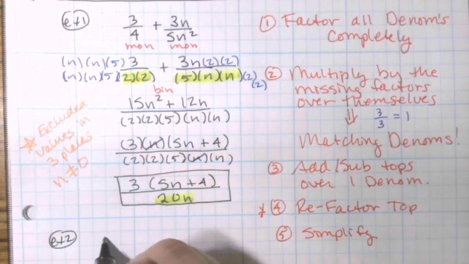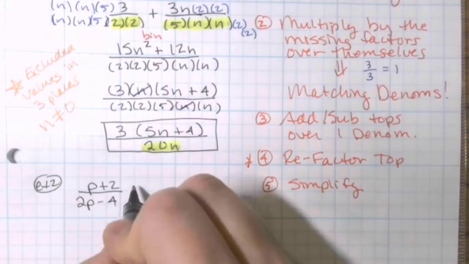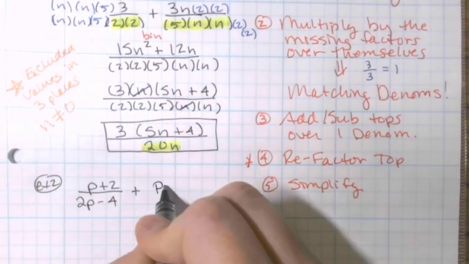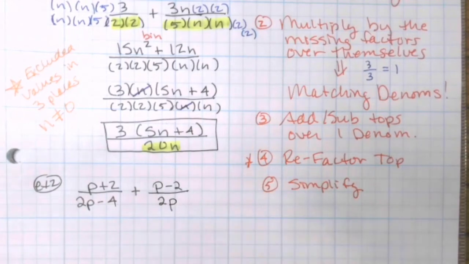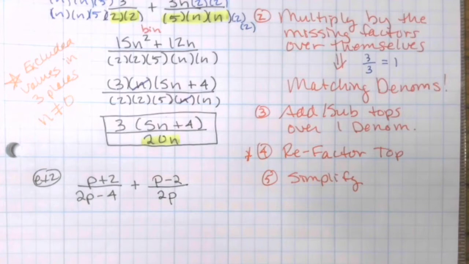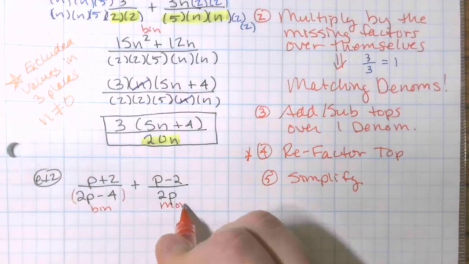We're going to do p plus 2 over 2p minus 4 plus p minus 2 over 2p. So first thing we're going to do is factor the denominators completely. Again, this is a binomial. This is a monomial.